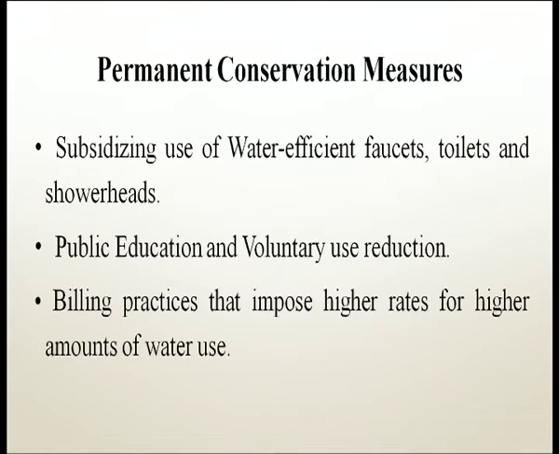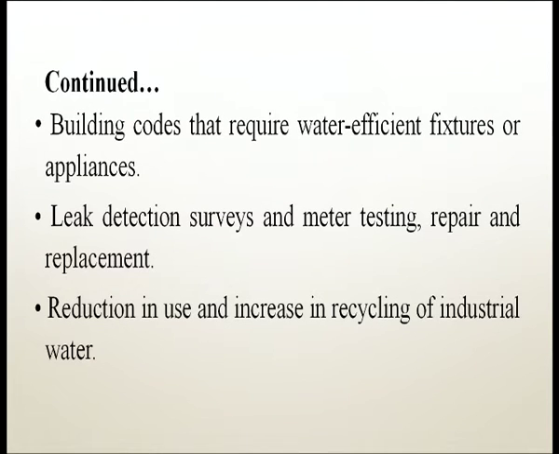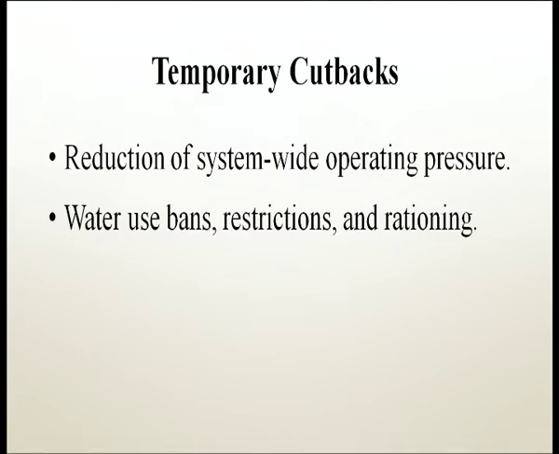First, we will talk about permanent conservation methods, which include subsidizing use of water efficient faucets, toilets and shower heads, public education and voluntary use reduction, billing practices that impose higher amount of water use, building codes that require water efficient fixtures or appliances, leak detection surveys and meter testing, repair and replacement, reduction in use and increase in recycling of industrial water.